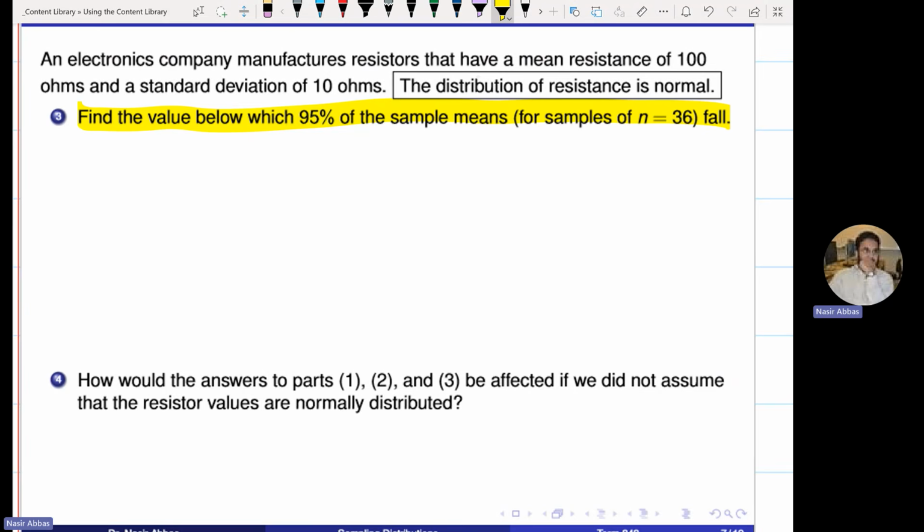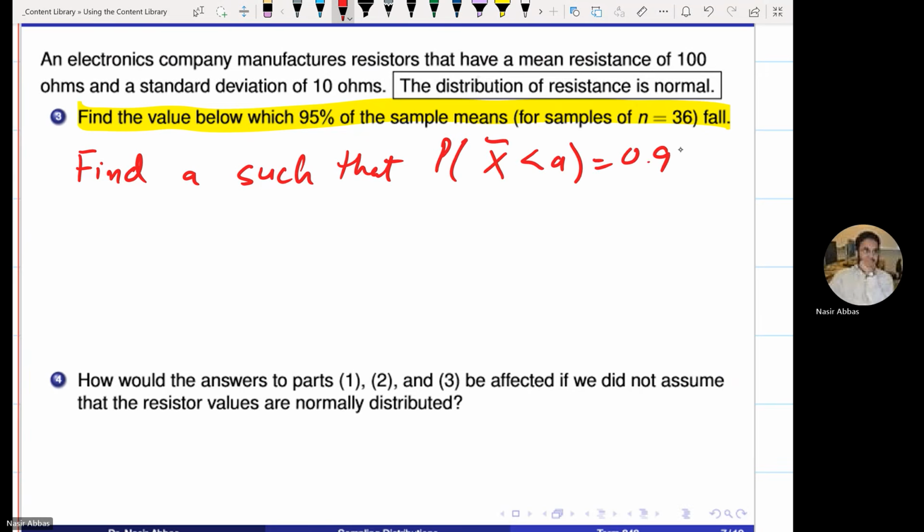The question says: find the value below which 95% of the sample means fall. Which percentile? 95th percentile. You have to solve this equation: probability of X bar less than A equals 0.95.